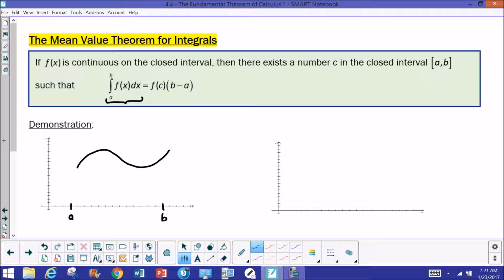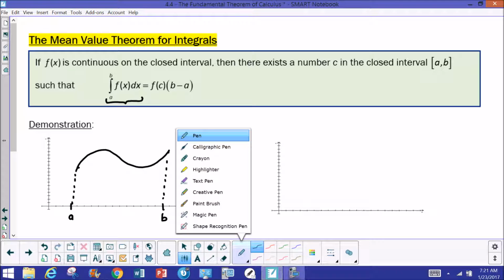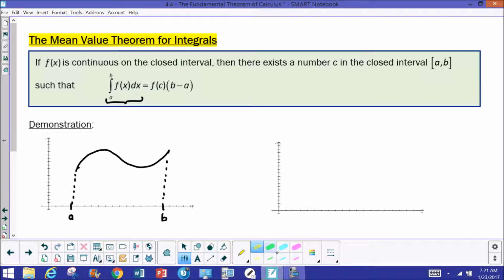Well, hopefully at this point you all realize that the antiderivative of this function from a to b is nothing more than the area under the curve above the x-axis between the a and the b. So I'm going to go ahead and color that in.